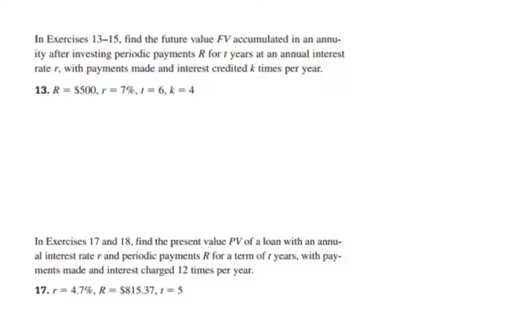Alright, moving on. We're going to find the future value. We're finding the future value accumulated in an annuity after investing periodic payments R for T years at an annual interest rate of 0.07 as its decimal, with payments made and interest credited K times per year, so in this case, quarterly again.